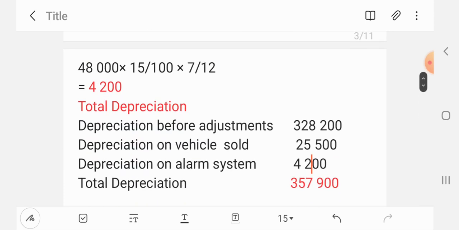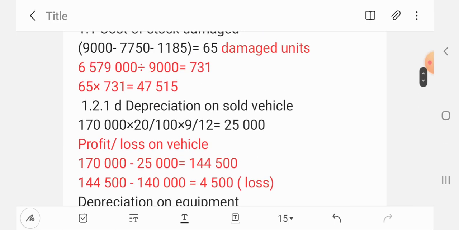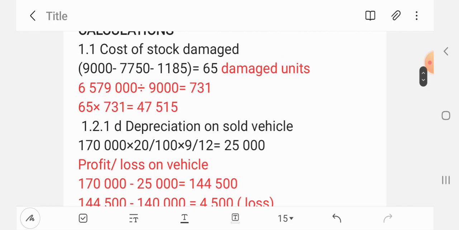So this total depreciation will go to the income statement, and then also the 47,515 will go to the income statement as stock loss, damaged goods.